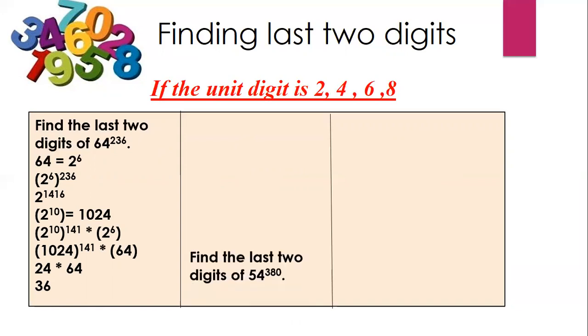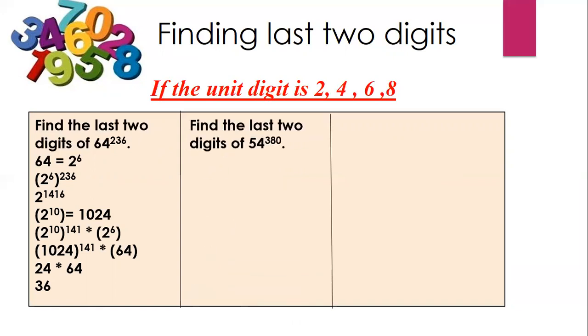Now find the last two digits of 54 power 380. 54 is nothing but 2 into 3 cube. So 2 into 3 cube to the whole power 380. Now we need to find 2 power 380 into 3 power 1140, find the last digits of these two, and finally find the product. For 2 power 380, we know 2 has a cycle of 10: 2 power 10 to the whole power 38.